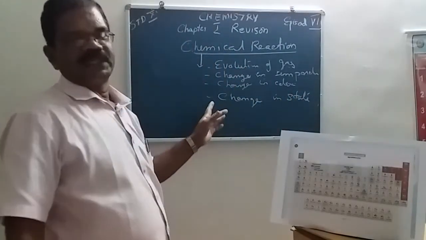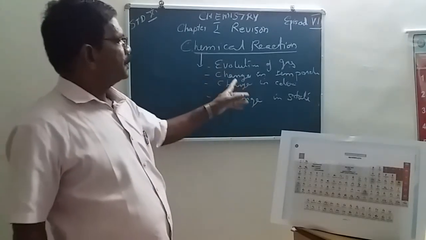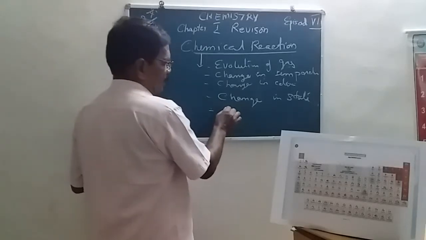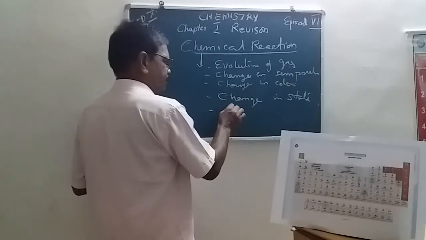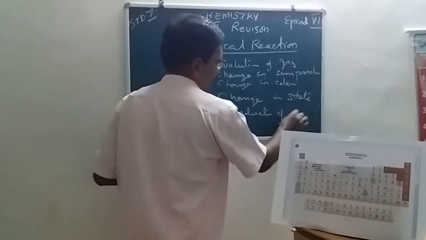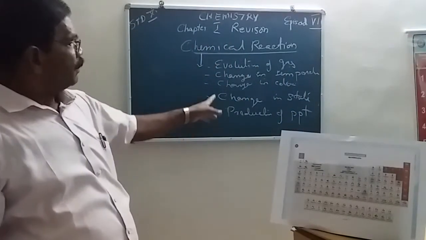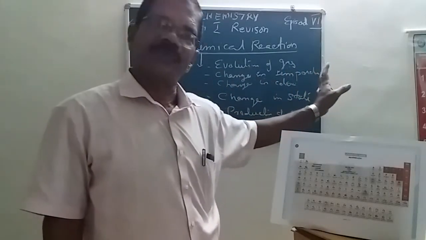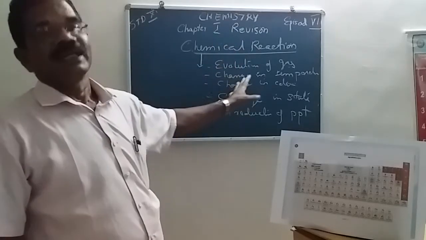A solid may change to liquid, or a liquid may change to a gaseous state. So these four changes, along with the production of a precipitate, can be noted in a chemical reaction. So these five changes: in every chemical reaction, we can note one or more of them.